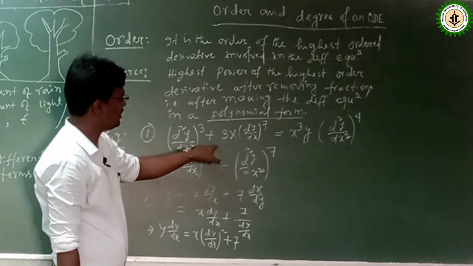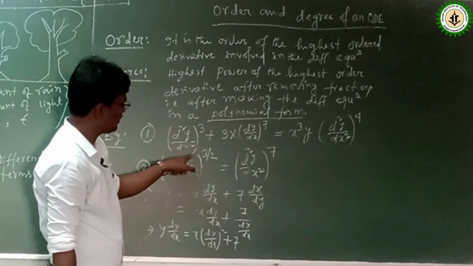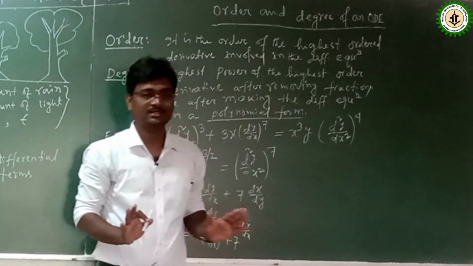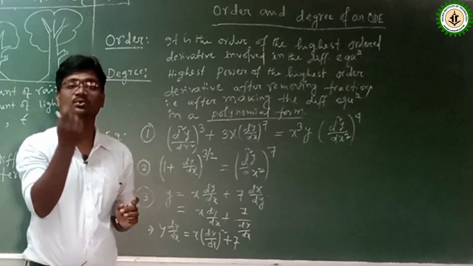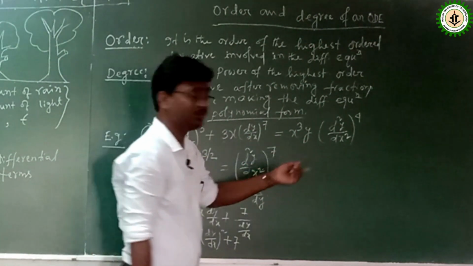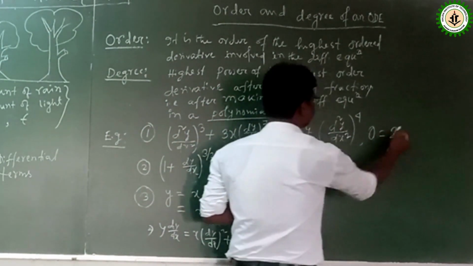For this differential equation, this is the first order derivative, this is the second order derivative, and this is also a second order derivative. So the maximum number of differentiations done is 2. So the order of this differential equation is 2.